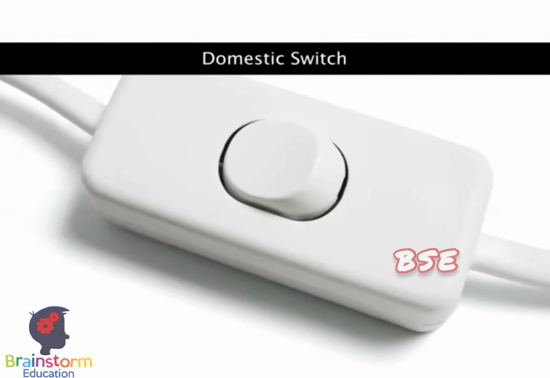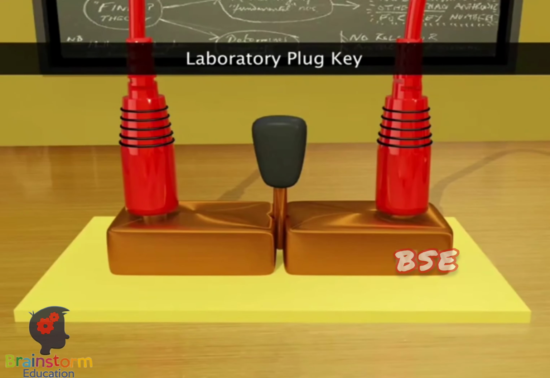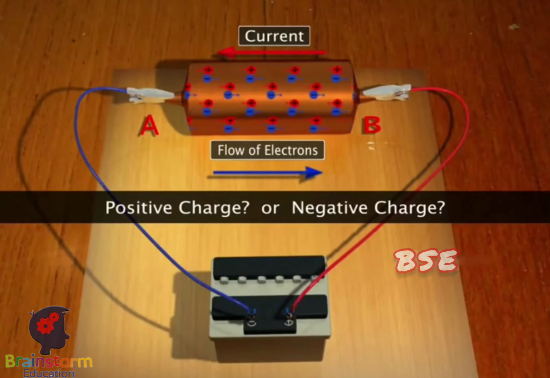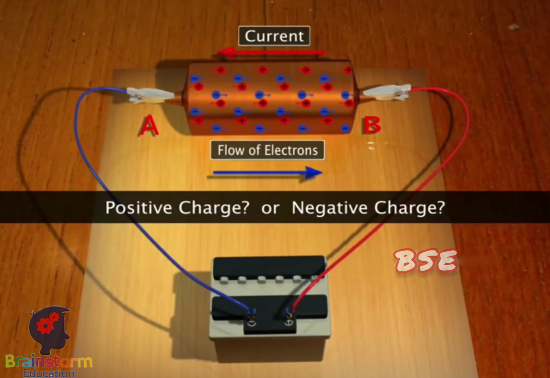There is a device that can either cut off or open completely the flow of current. You could have seen this common switch, but in laboratories we use plug keys to switch the circuit on or off. We have been discussing the flow of charge. Does it represent the flow of positive charge or that of negative charge?